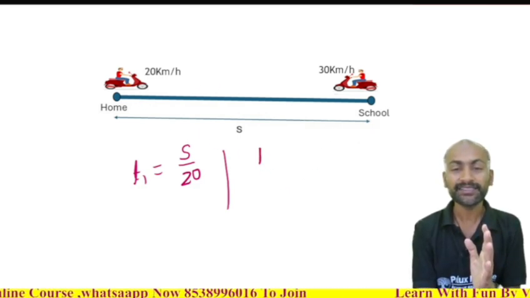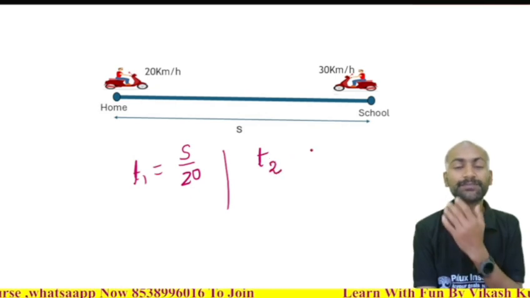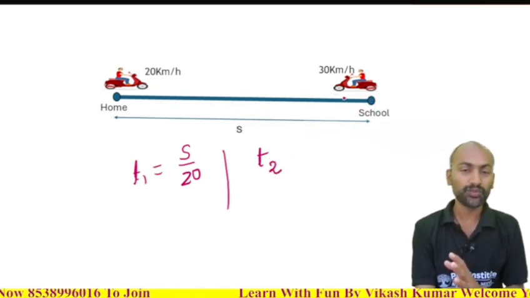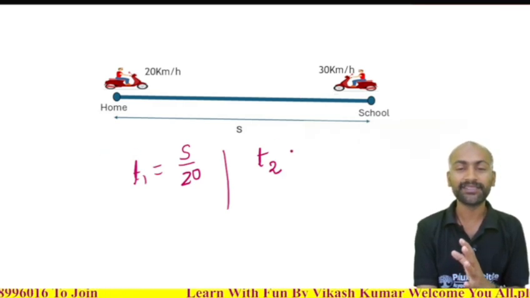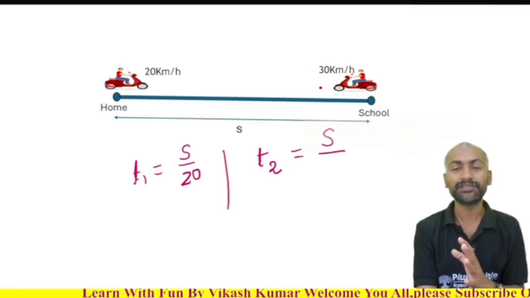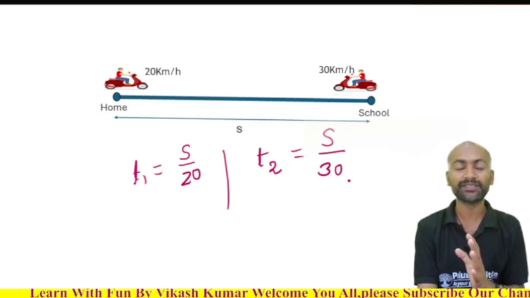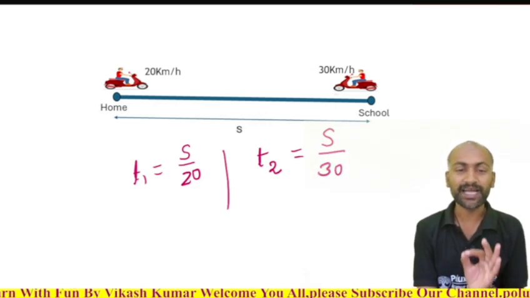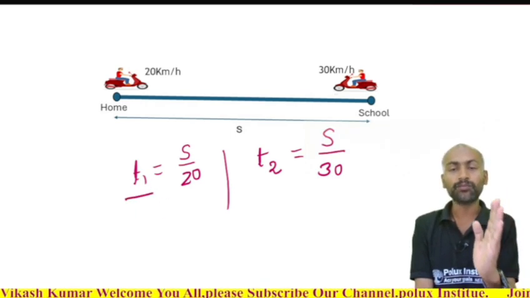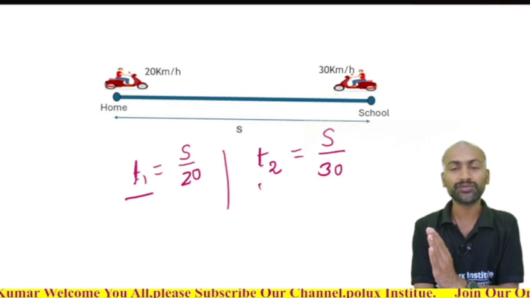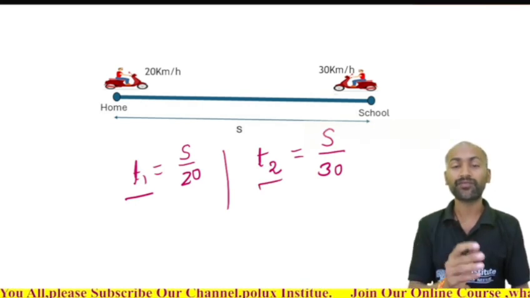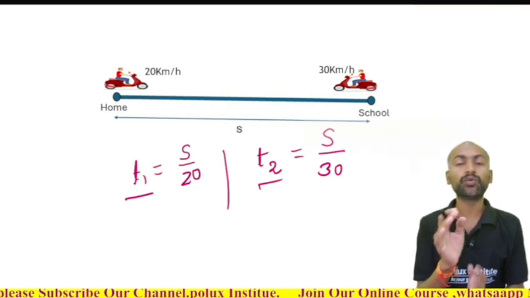So let's say time T2 is the time to reach from school to home, and that can be written as S by 30 km per hour. So time T1 is the time for going from home to school, and time T2 is the time for going from school to home.